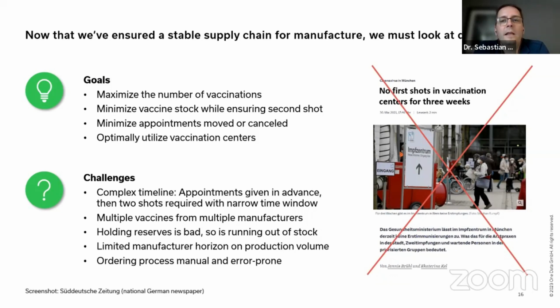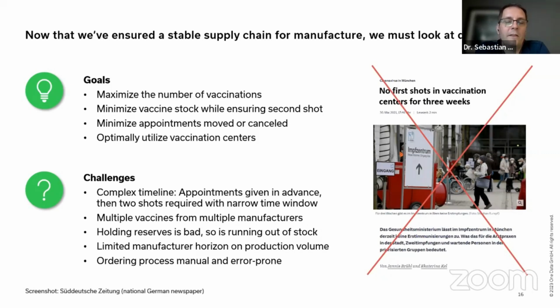And that presented its own supply chain challenge. First of all, because as you might remember, you need 2 doses of the vaccine. So if you have an appointment for your first dose, you also need to make sure that the second dose is there in the given time frame. So the 3 to 6 week time frame that you need for your second vaccination. You don't just have vaccines from BioNTech and Pfizer.